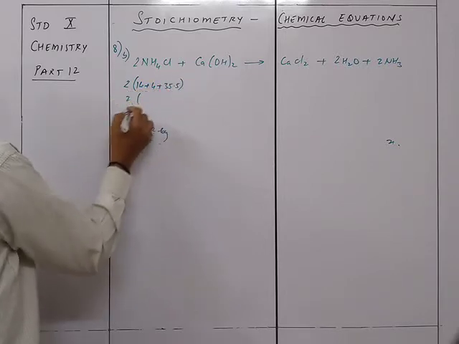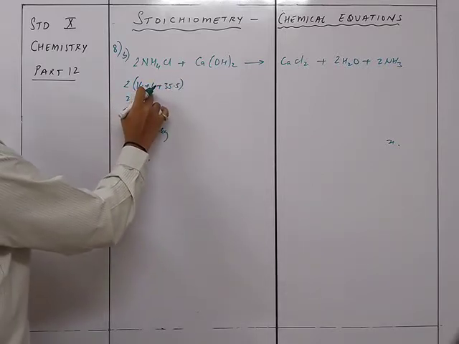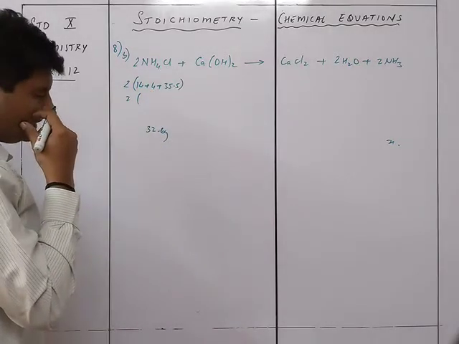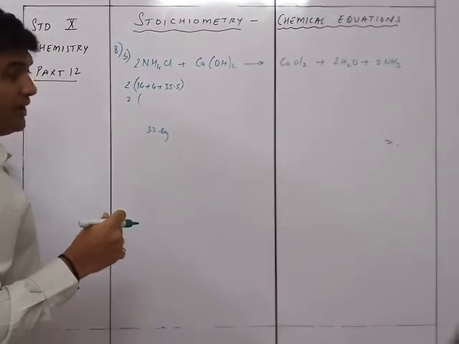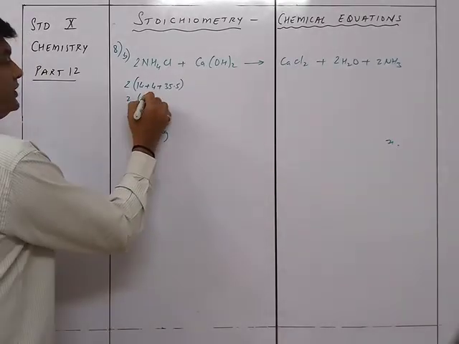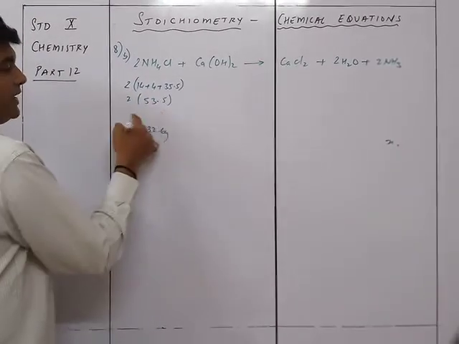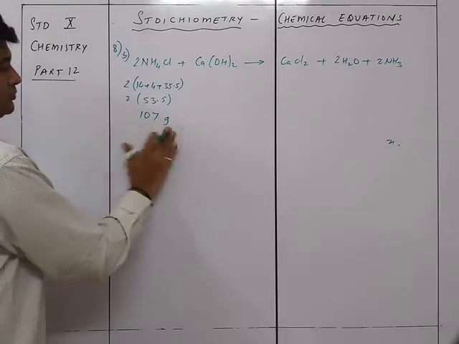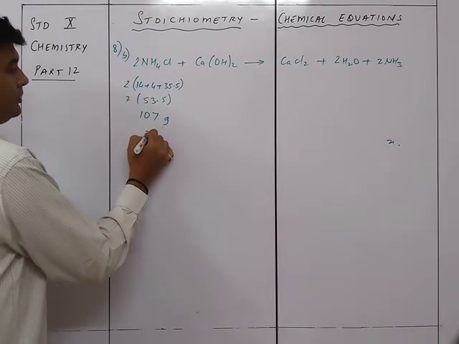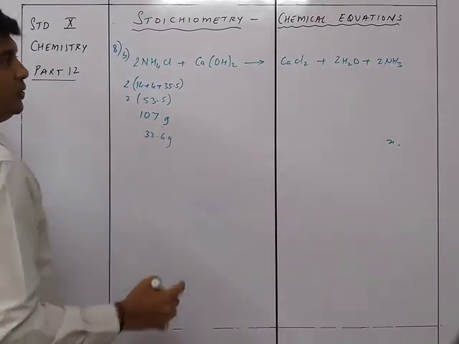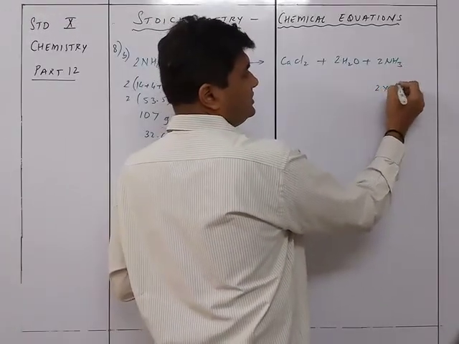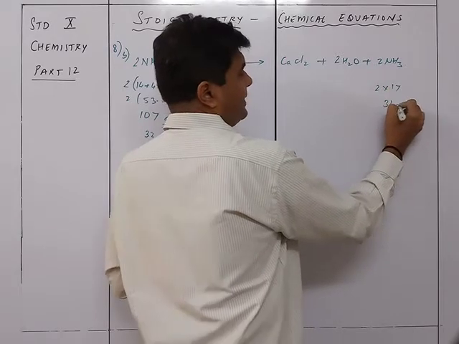So that is 2 into 18 plus 35.5, that is 53.5. So it is 53.5. That will give me 107 grams. And over here it is nothing but 2 into 17, that is 34 grams.